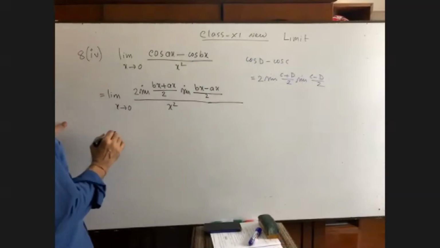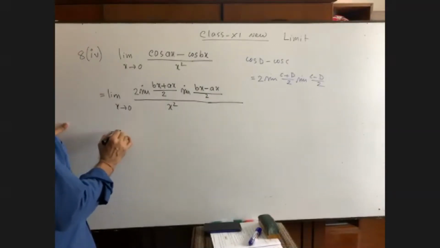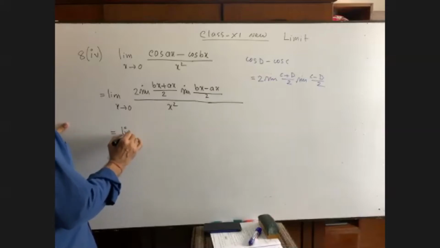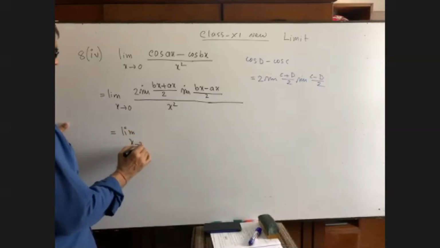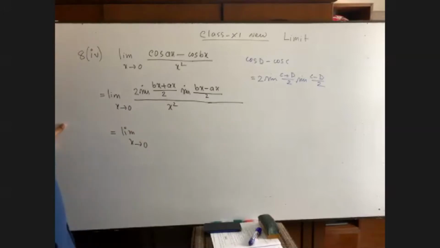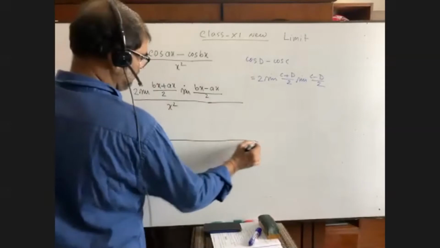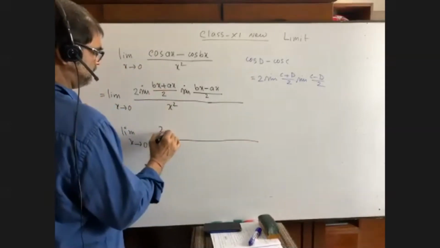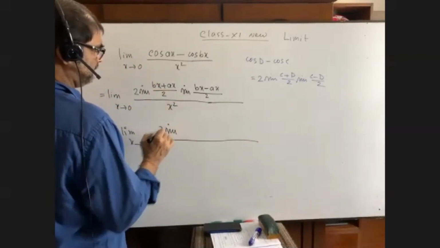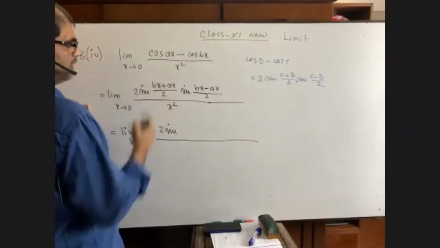Now you see, limit x tends to 0. Here, what can be done? This is 2 sine. x can be taken common, right?